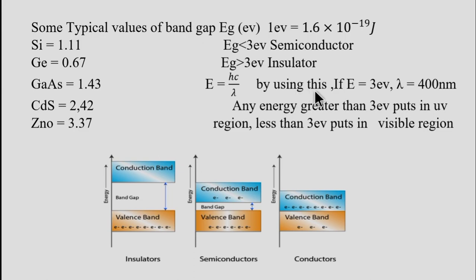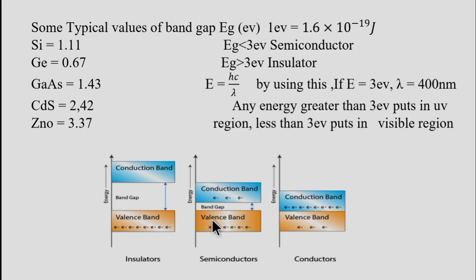By using this, suppose the band gap energy of the material is 3 electron volt, then we can easily calculate the wavelength emitted by that material, that is 400 nanometer. Any energy greater than 3 electron volt puts us in the UV region, and less than 3 electron volt puts us in the visible region.